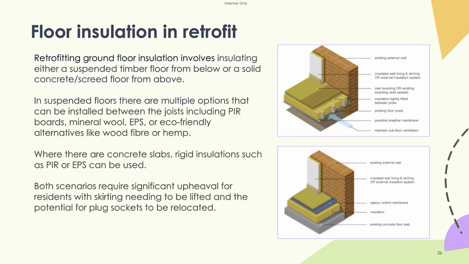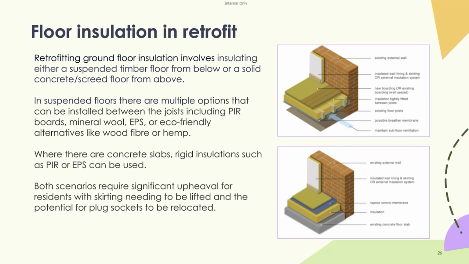And then if it isn't going to be a suspended timber floor, it's likely to be a slab on ground floor. This is less likely as a scenario simply because most floor to ceiling heights will be, let's say, 2.4 meters. So in order to insulate a concrete slab, you would have to insulate above the slab or create a timber floating floor or something like this.